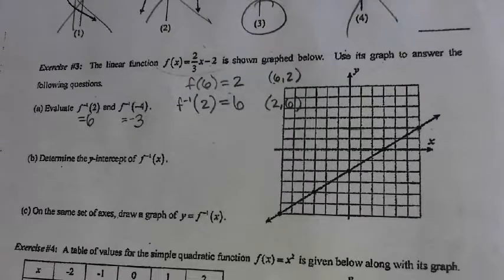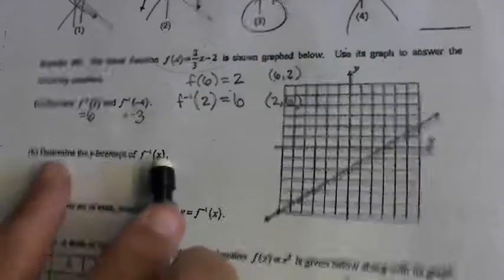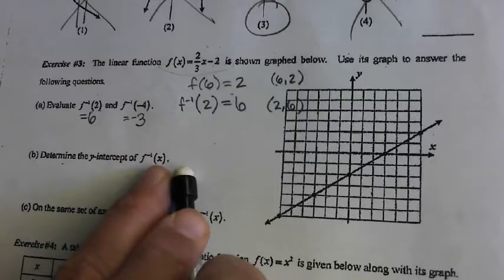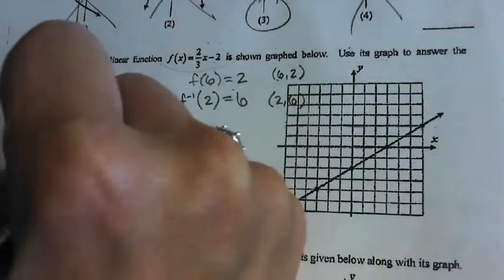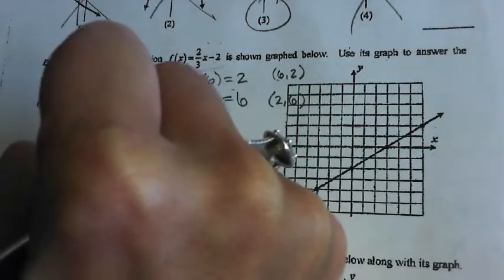How about the y-intercept? Guess what? If the main piece of inverses is that you flip-flop the x and y coordinates, then the y-intercept of the inverse is going to be the same as the x-intercept of the original.